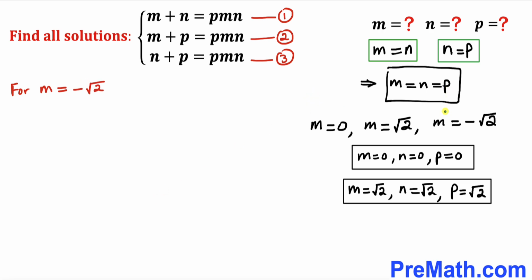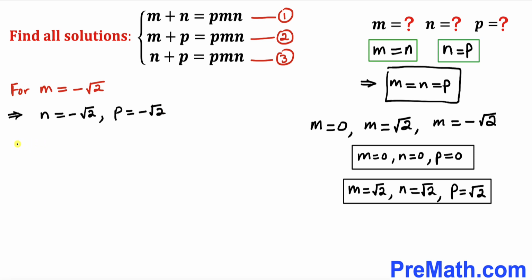And now finally, let's focus on m equals negative square root of 2, as you can see over here, and we know m equals n equals p. So we conclude that n equals negative square root of 2 and p equals negative square root of 2 as well.